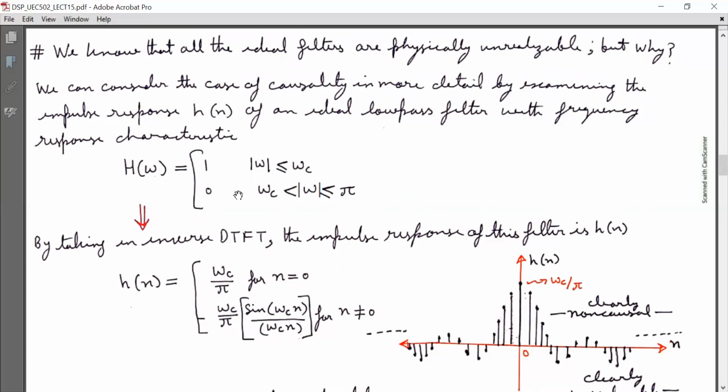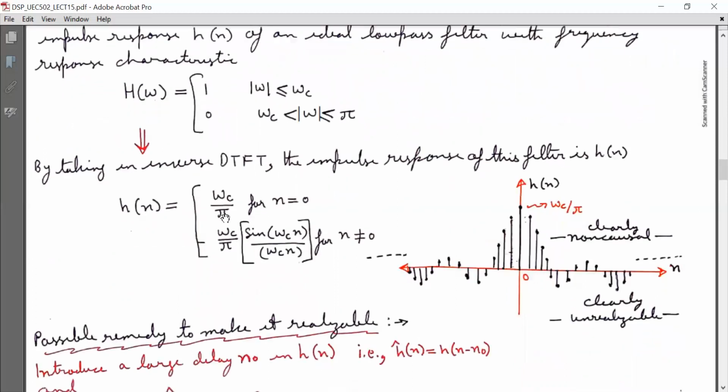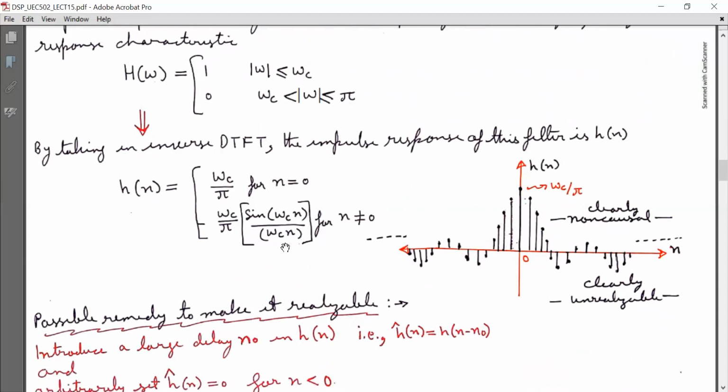This we have done in the previous lecture also. By taking the inverse DTFT, the impulse response of this filter is h(n) equal to omega c by pi for n equal to 0, and omega c by pi times sin(omega c n) by (omega c n) for n not equal to 0. We have done this in the course of signals and systems; it is a sinc function.